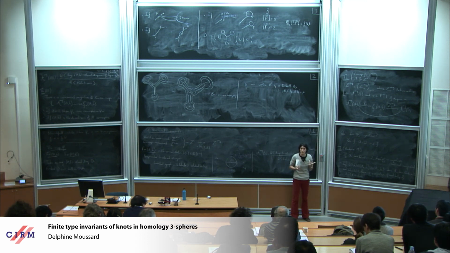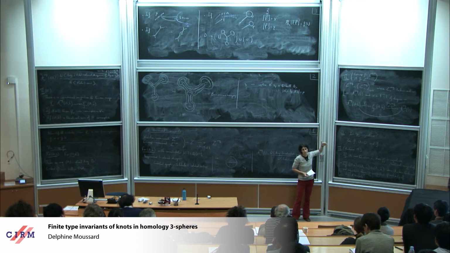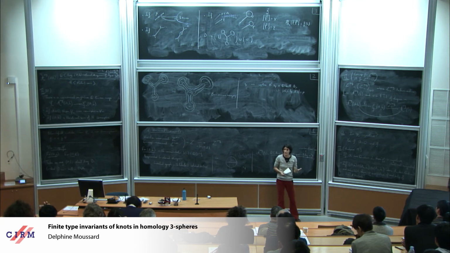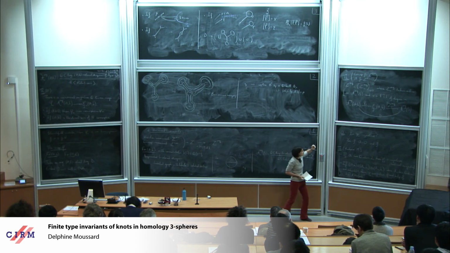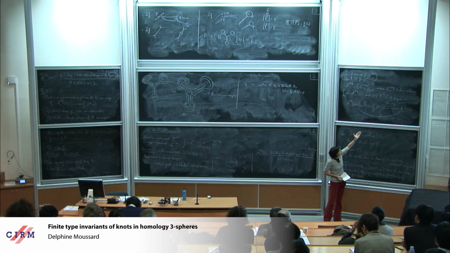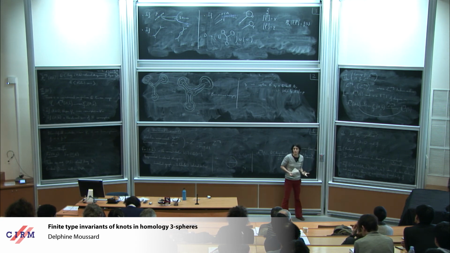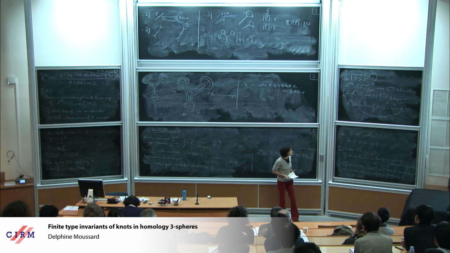We have to find more relations that are satisfied and that allow us to define a quotient of this diagram space on which phi n will induce an isomorphism. Or the other possibility is that phi 2 is indeed an isomorphism. In this case, it means that we miss some invariant to add to the OG to obtain a complete universal invariant, which is universal for finite type invariants in this setting.